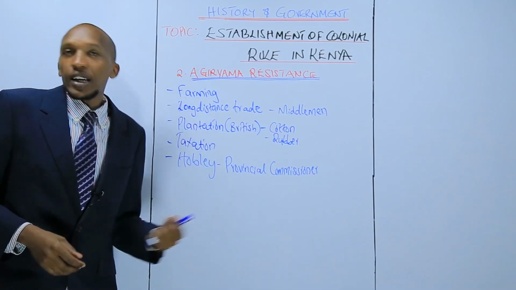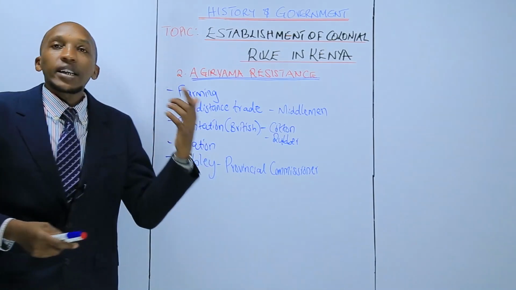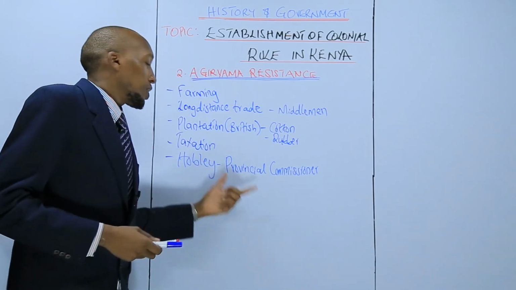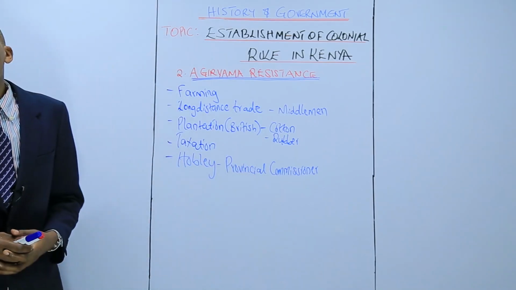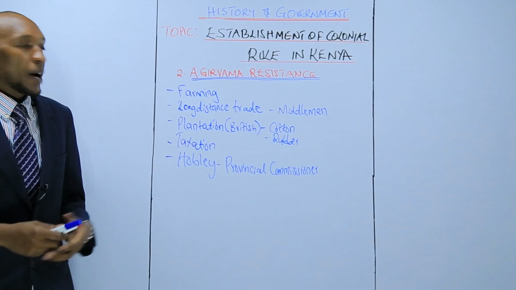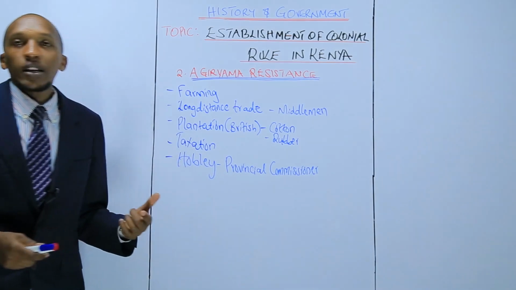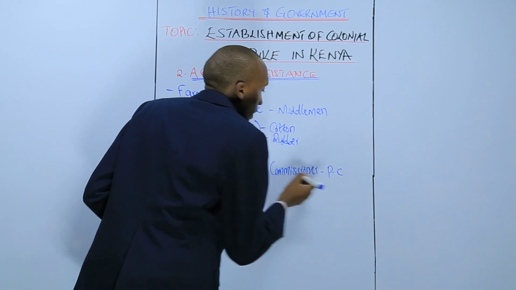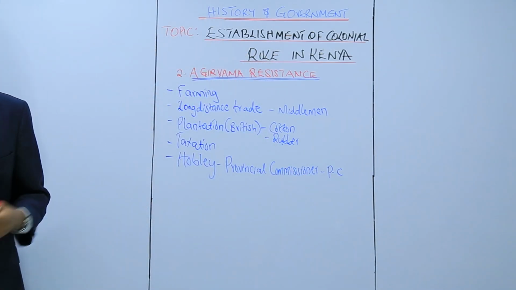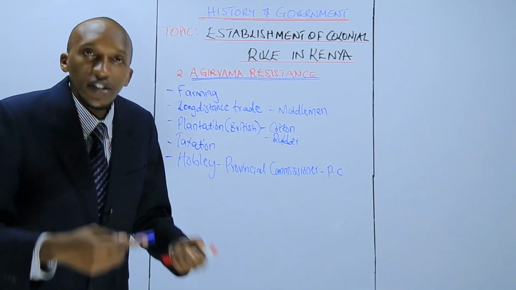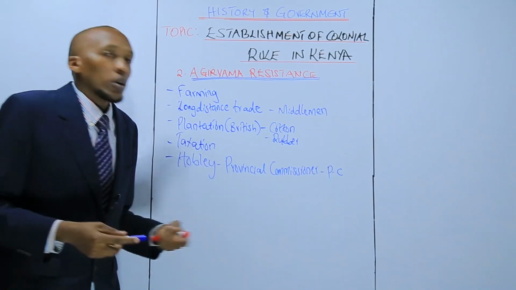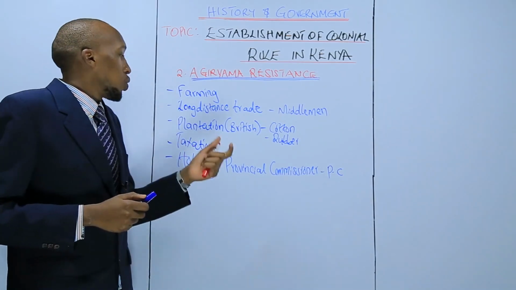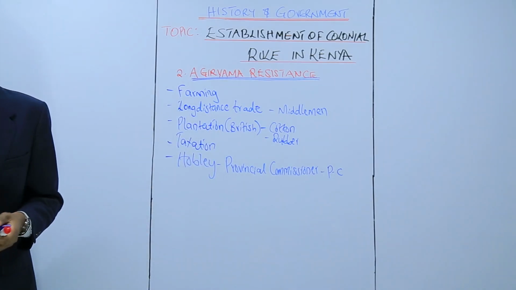When he came, the Agiriama tried to raise their grievances to the provincial commissioner, the PC. But the PC refused to listen to their grievances, so the people resorted to totally refusing to cooperate with the British.